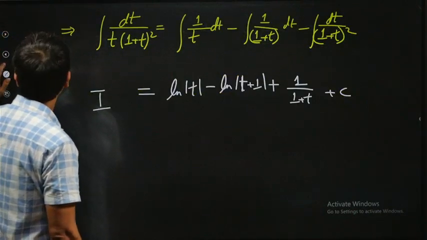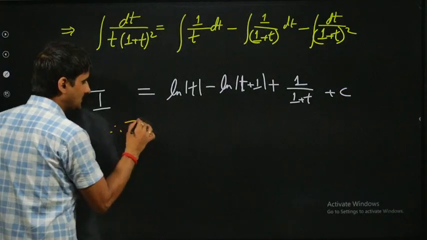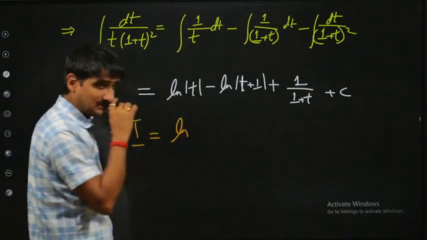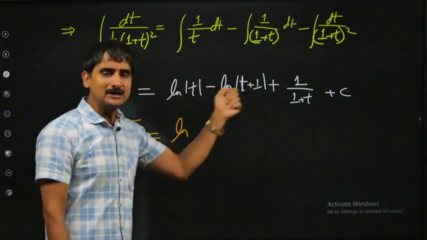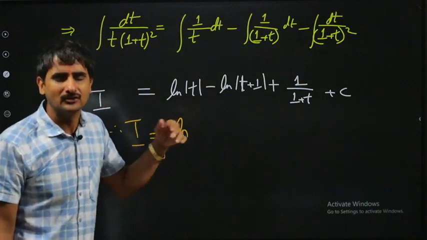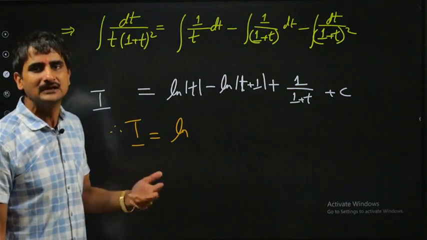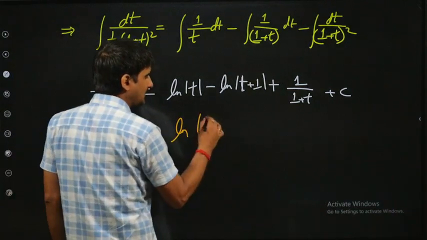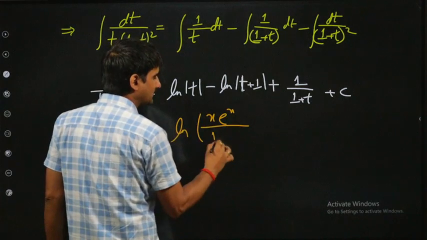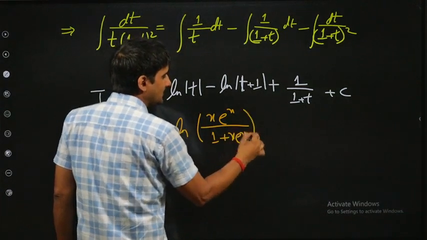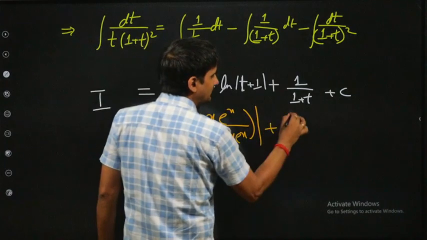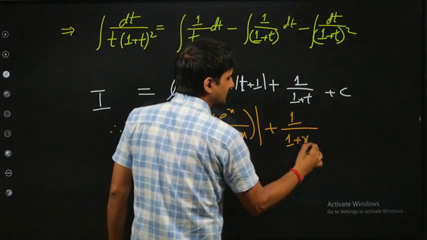So the answer should be, using the property of log, ln a minus ln b is ln a upon b. So it's ln of mod of x e raised to power x upon 1 plus x e raised to power x, and this is plus 1 upon 1 plus x e raised to power x plus c.